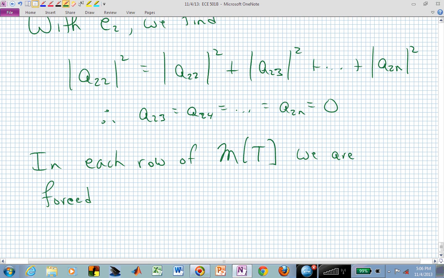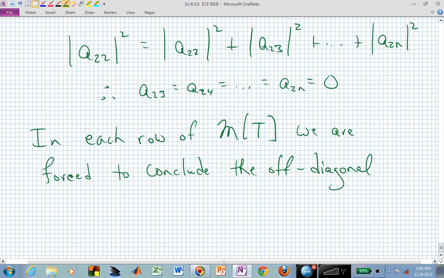We're forced to conclude that the off-diagonal elements are 0.